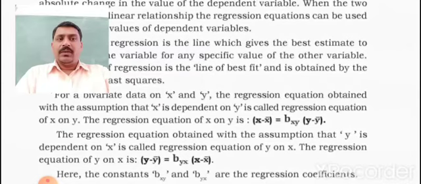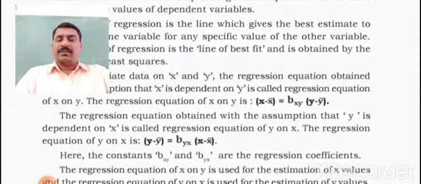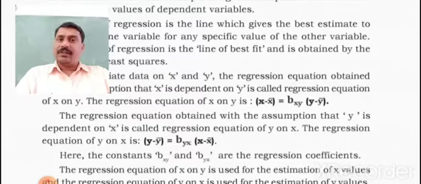Here bxy is called the regression coefficient, and later we will speak about that. So x minus x bar, the x value to be identified minus the average of x, is equal to bxy into bracket y, the known value of y, minus its average y bar.